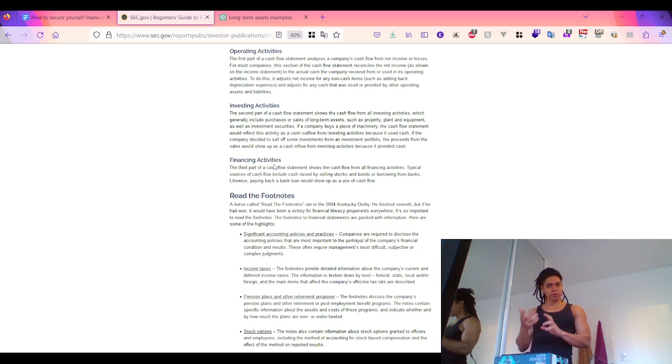If the vast majority of the company's cash flow comes from operating activities, that's a good sign of a good investment. However, if a company is constantly raising funds by taking on debt or issuing stocks, that might not be a good sign to invest in this company.